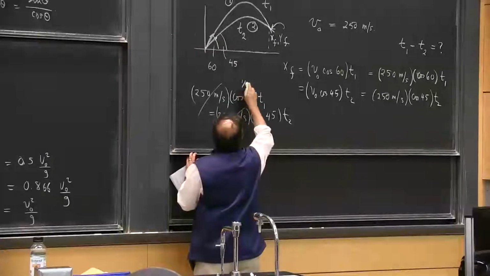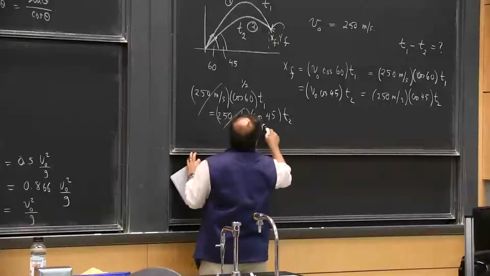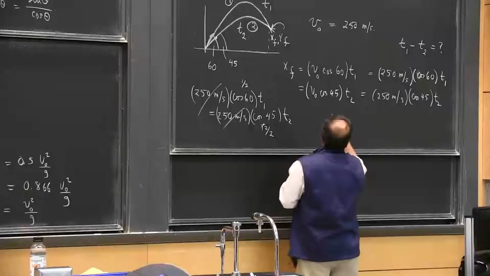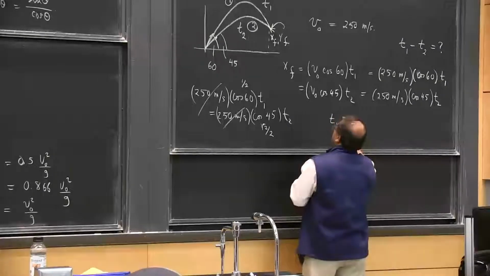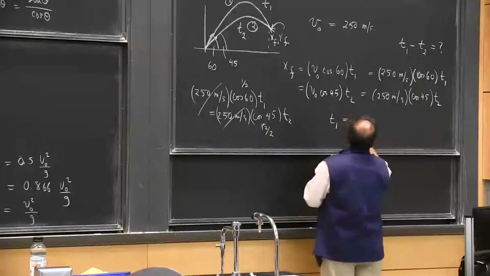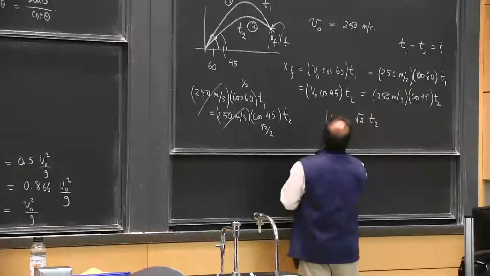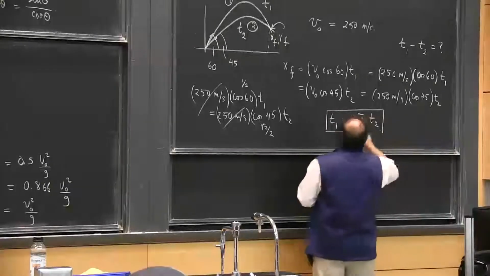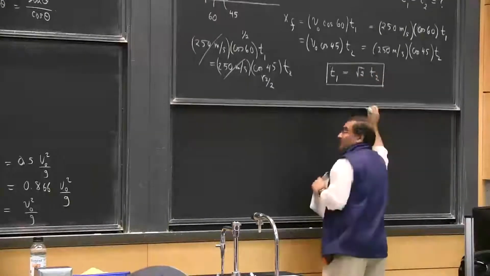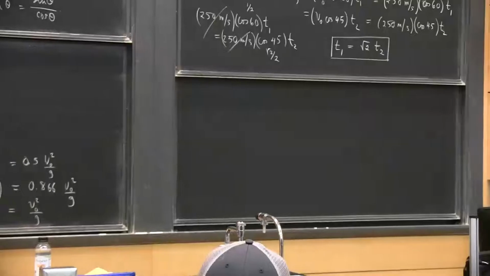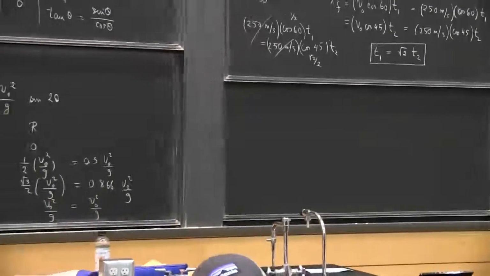Cos 60 is a half, and this is root 2 over 2. So that means T1 is root 2 T2. In other words, I can already relate the two times, although I'm not in a position to calculate what T1 minus T2 is. I can relate the two times just from the xf being the same condition.